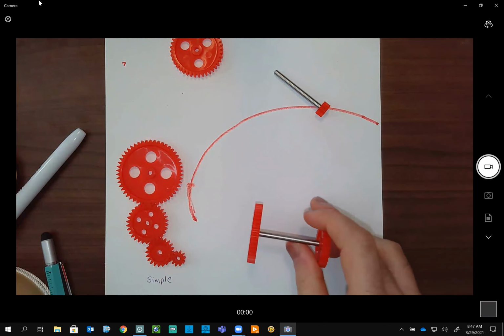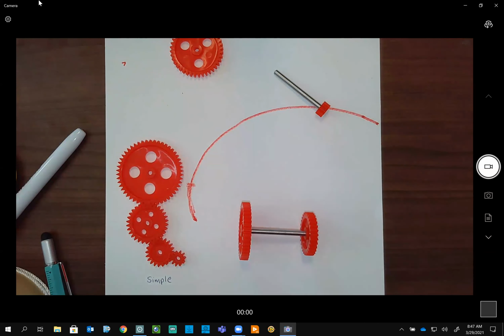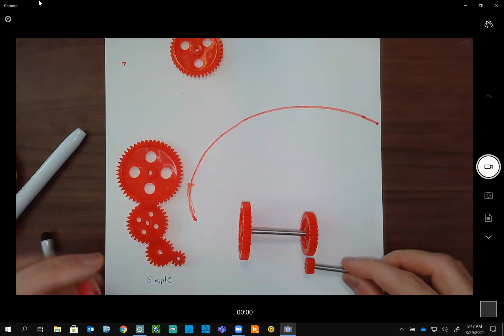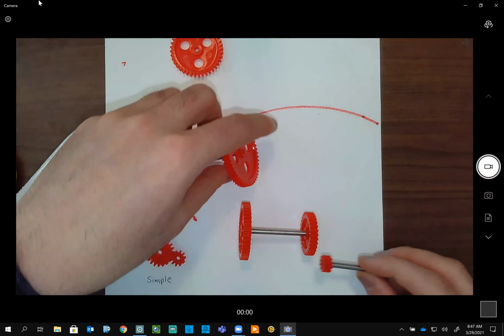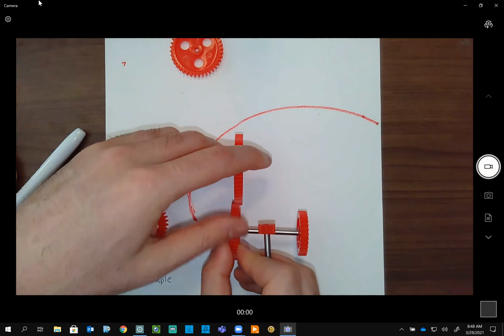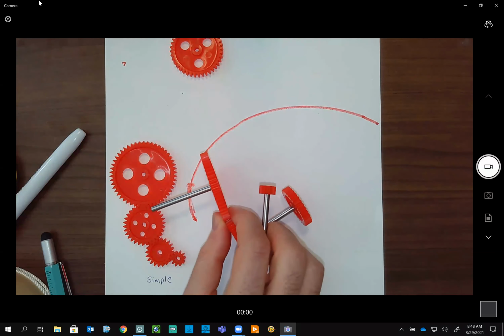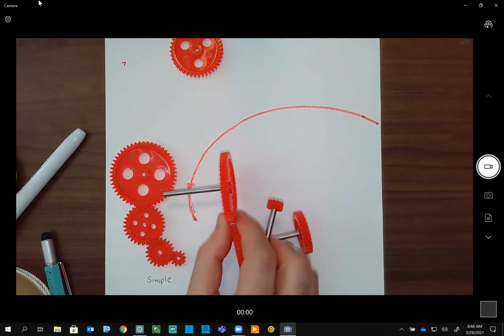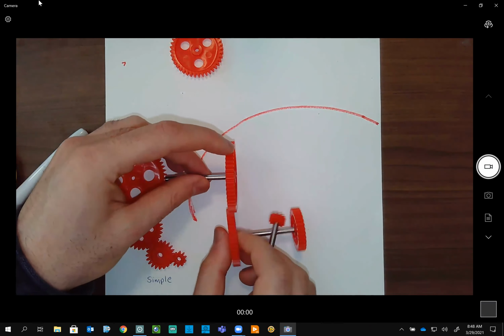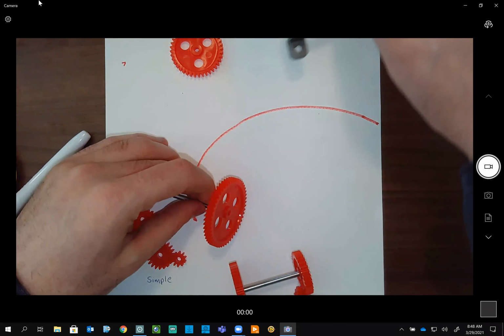Now the same scenario, if let's say I transfer the motion like that. Of course, these shafts have to be on bearings, as I showed you last day, right?